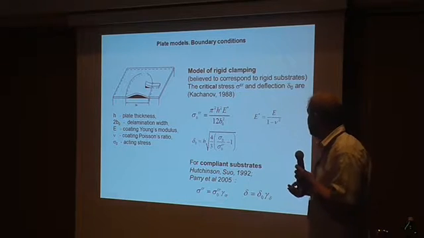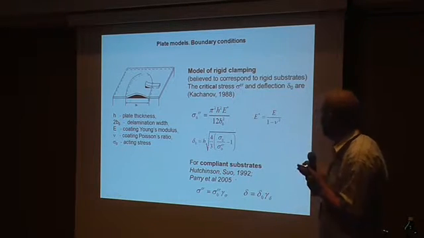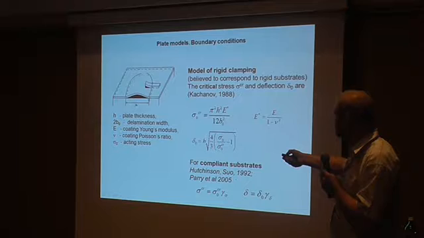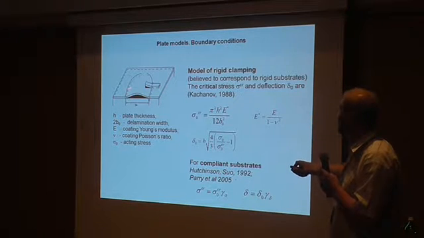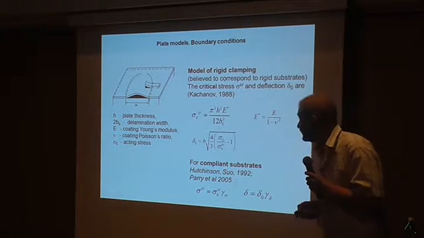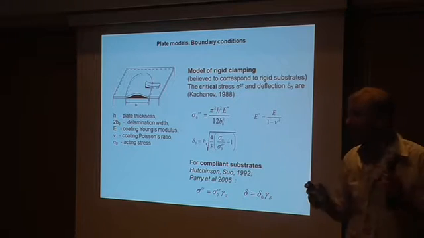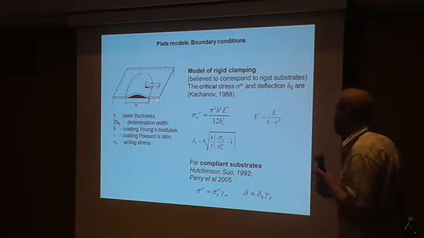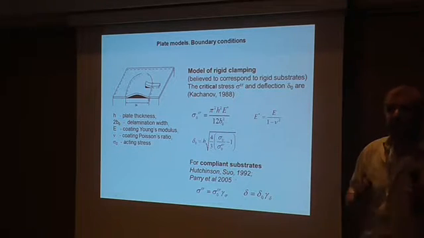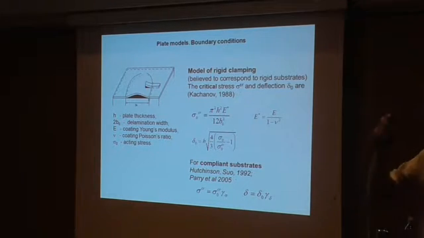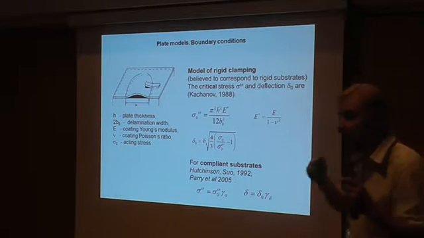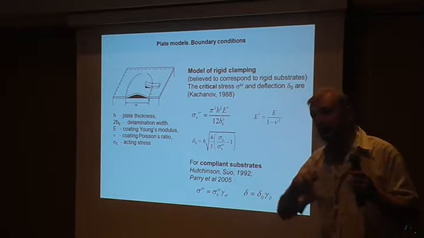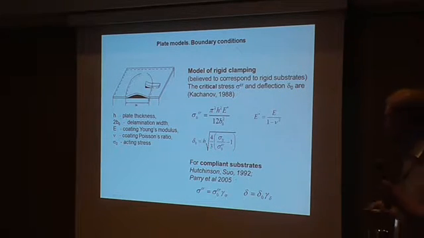But the problem is that if we use plate or shell theory, we need to apply some boundary condition. And this boundary condition, as we discussed before, is something in between pure rigid clamping and just simple support.